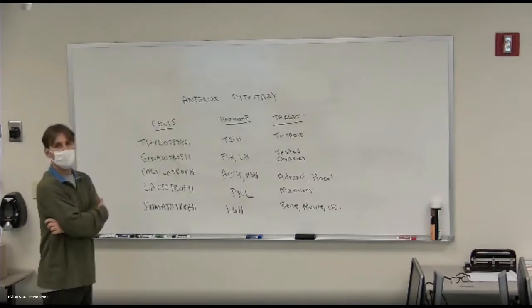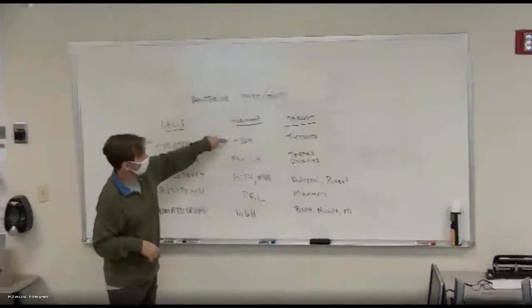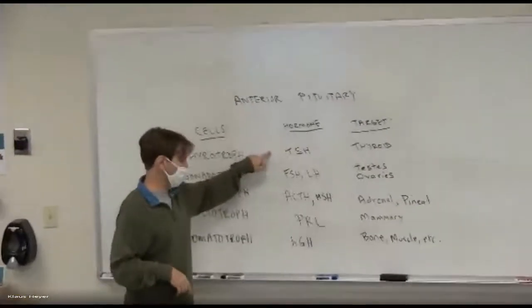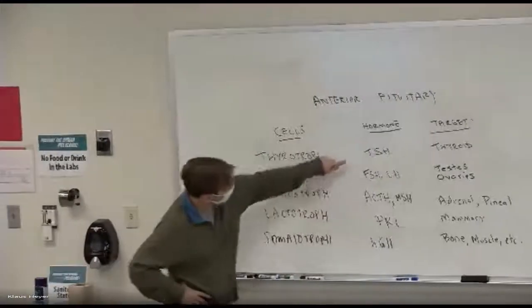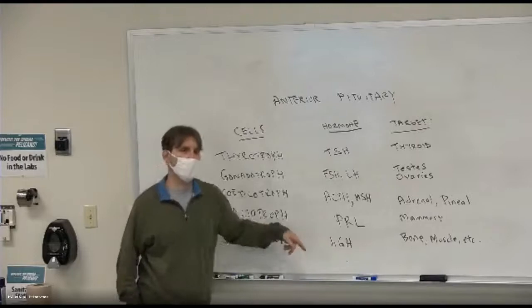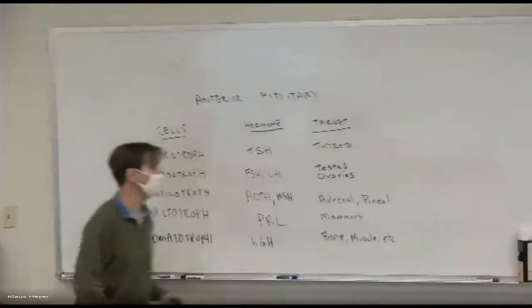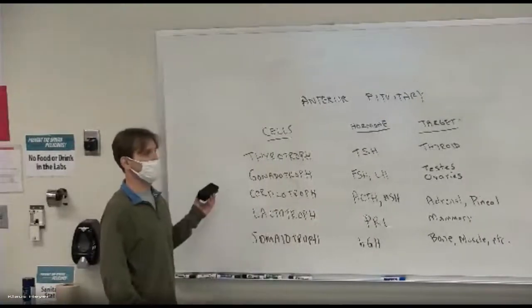So what we're missing now is the hormone that is going to cause this to be released from the hypothalamus. Because in order to release any of these, we need a releasing hormone from the hypothalamus. If you want to screenshot this, screenshot it.